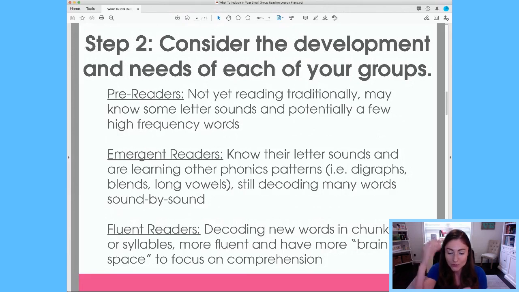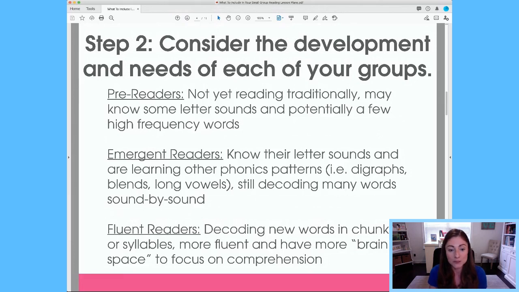So this area of the brain is where kids are learning that the letter C can say k, can also say s, right? So in the pre-reading and emergent reading stage, a lot of our small group work, and I'll show you some concrete examples in a minute, is really working on developing that third area of the brain that I mentioned, where we're bringing the letters and the sounds together to make those connections.